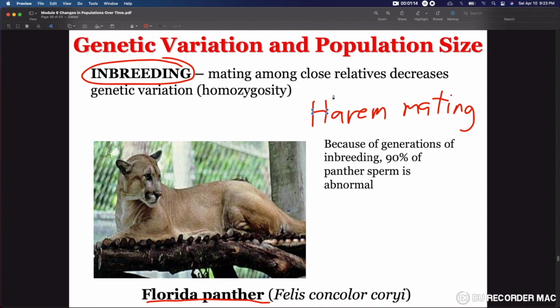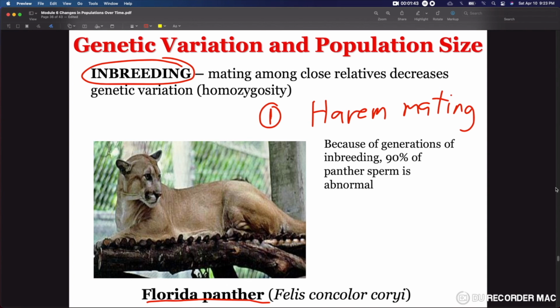Only the strongest male can have sex. That's harem mating. And that reduces, no? Since only one male can father all of the children, since he is the only one that contributes to the population, that can decrease the amount of variation in your population.